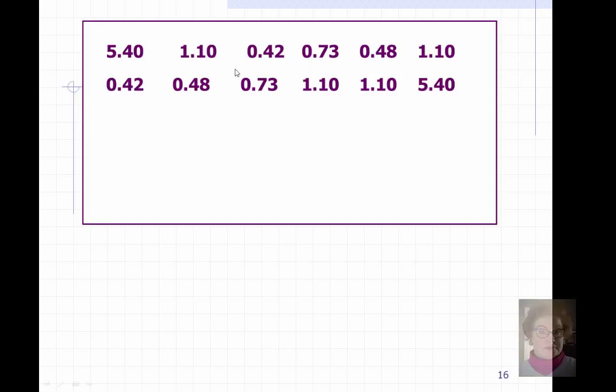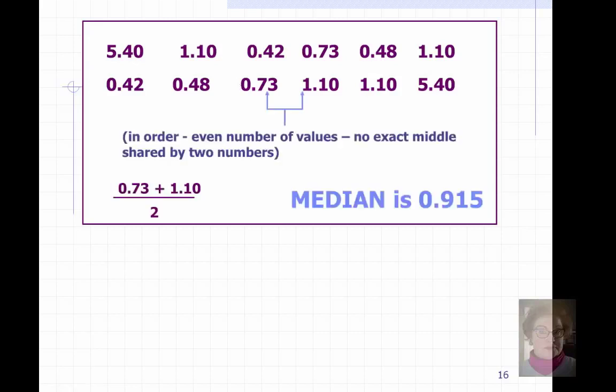So my median is going to be halfway between the two middle values. So I'm going to add those up, which I'll get 1.83, and then I'm going to divide by 2. And that will give me my median, which is 0.915.